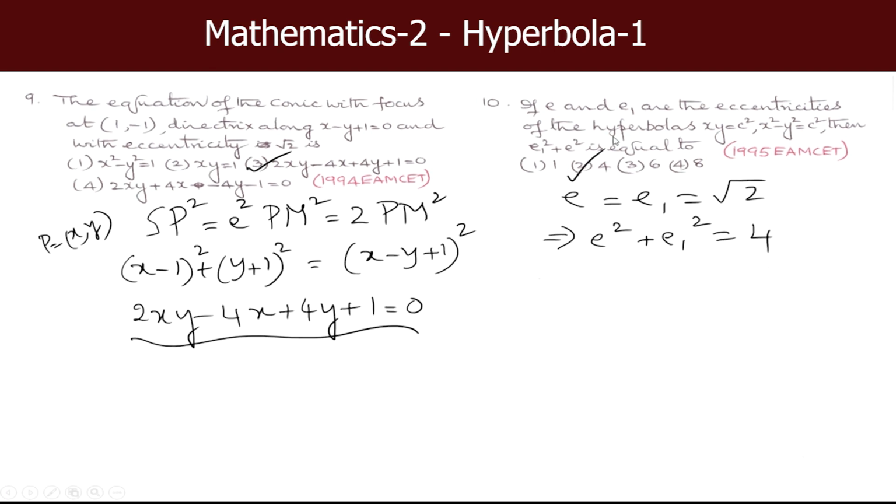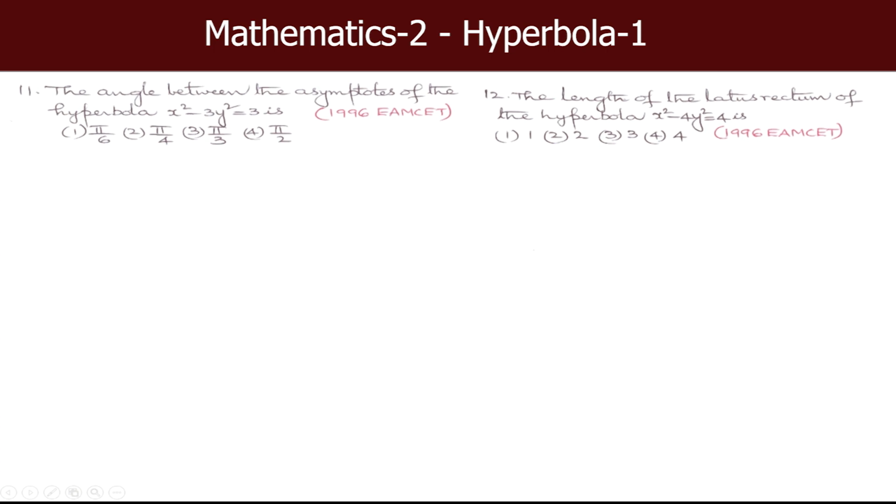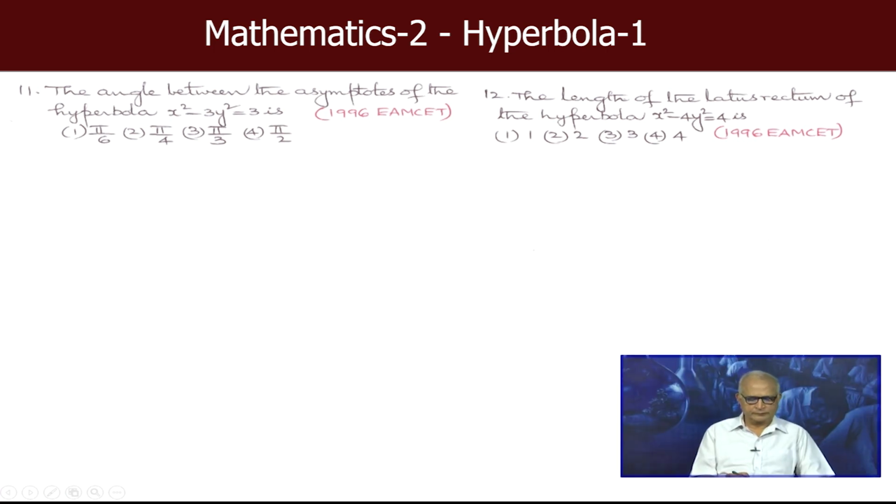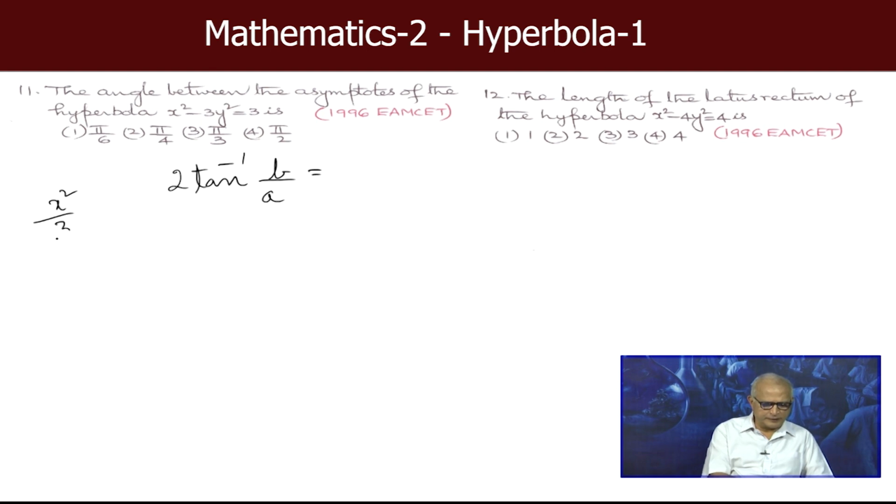Simple question. Question number 11. The angle between the asymptotes of the hyperbola is 2 tan inverse b by a. That is the angle between the asymptotes. What are a and b? The hyperbola is x square by 3 minus y square by 1 equal to 1.